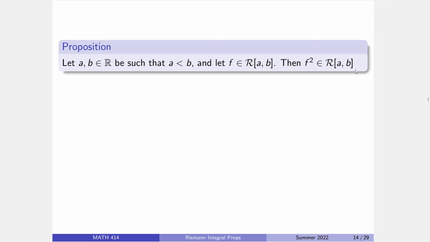So we've proved linearity, we've proved monotonicity, we've proved absolute value. We will now prove that squaring does not ruin Riemann integrability. Squaring does not ruin Riemann integrability. Pretty cool. Very cool.